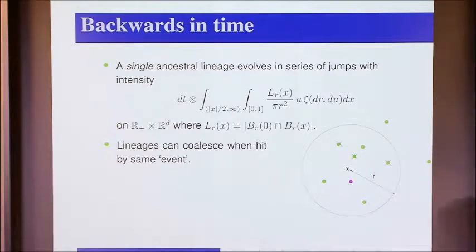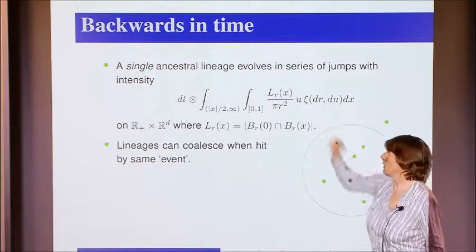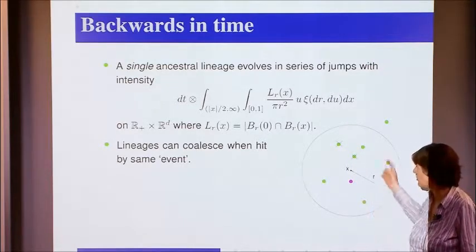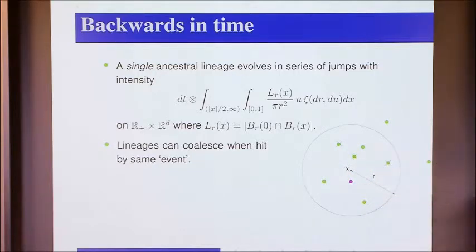If I sample an individual from the population, nothing's going to happen to it until it's covered by one of these reproduction events. When that happens, it has probability u of being an offspring of the event. If it's an offspring of the event, its parent was at the location of the parent of the event, which is just a uniformly distributed point on the event.